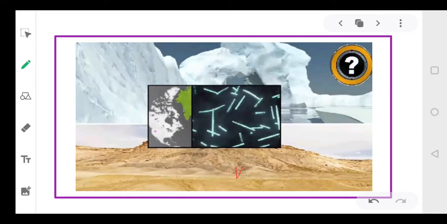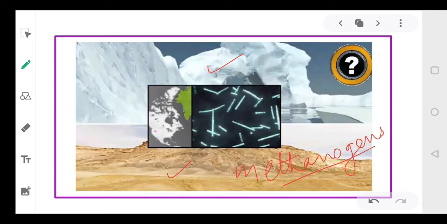These bacteria can survive in extreme conditions, like in desert areas and extremely cold areas. So methanogens are anaerobic bacteria which produce a large quantity of methane gas along with carbon dioxide and hydrogen.